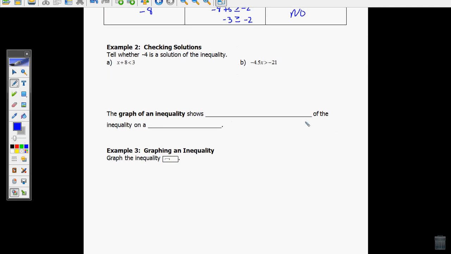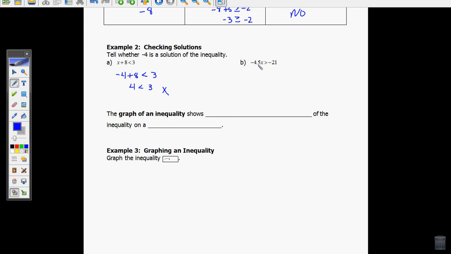In example 2, we basically want to do the exact same thing, but we want to check to see if negative 4 is a solution of either of these two inequalities, A or B. So I'm just going to plug them in. Negative 4 plus 8 less than 3. Negative 4 plus 8 is going to come out being a 4. Is 4 less than 3? Not in the world that I grew up in.